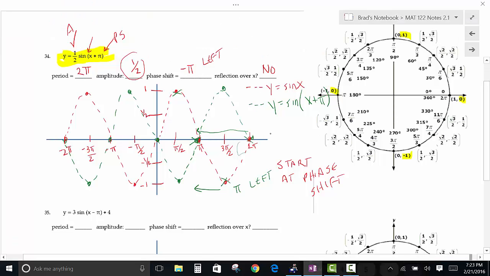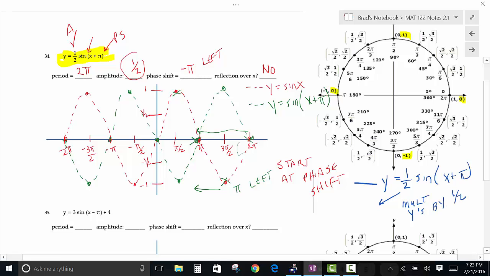So the amplitude, when we put the whole thing together, we'll do this in a solid graph. So that is y equals 1/2 sine of x plus pi. Okay, and again, what this amplitude does is it's going to multiply all of the y values by 1/2.